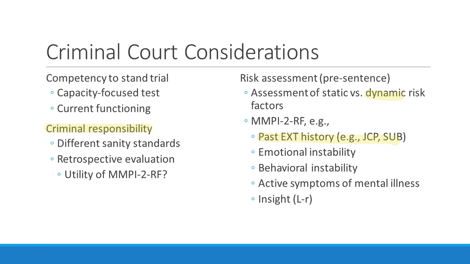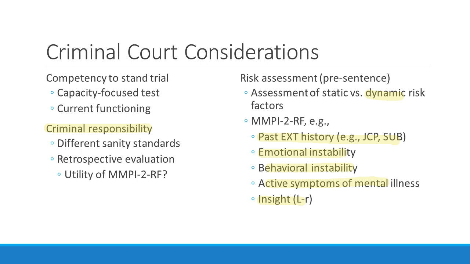All of the items on the Juvenile Conduct Problems scale, for instance, are worded in the past tense. Several items on the substance abuse scales are worded in the past tense. But the types of dynamic risk factors that the MMPI-2-RF could be quite good at getting at, and this is an abbreviated list, are things like emotional dysregulation, behavioral instability, like impulsivity, active symptoms of mental illness, personality disorder traits, which I don't list here, and poor insight.